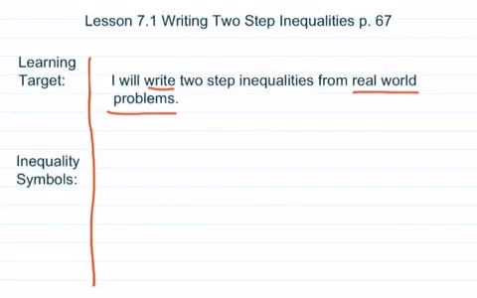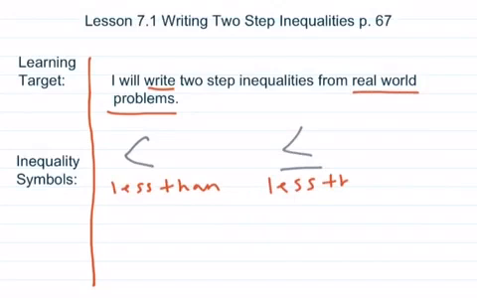First off, what are our inequality symbols? You guys saw these last year in 6th grade. This would be an inequality symbol, and this means less than. If you had the same symbol but then had one line underneath it, this is less than or equal to.